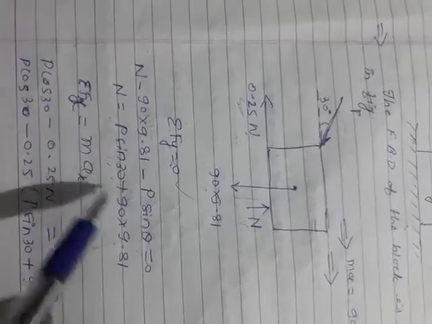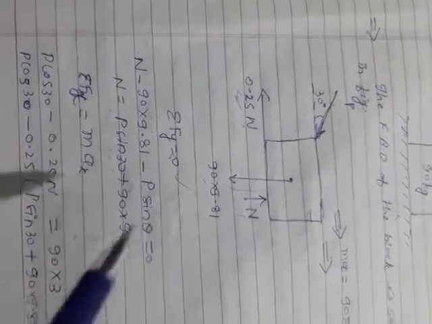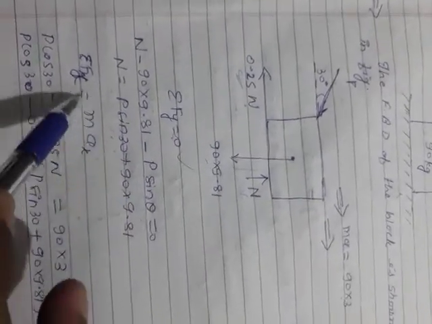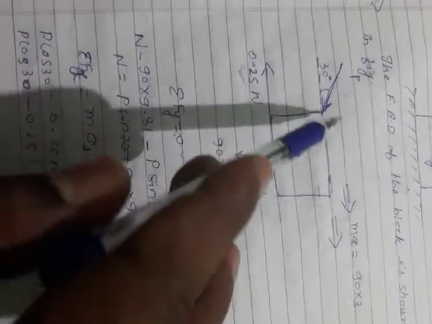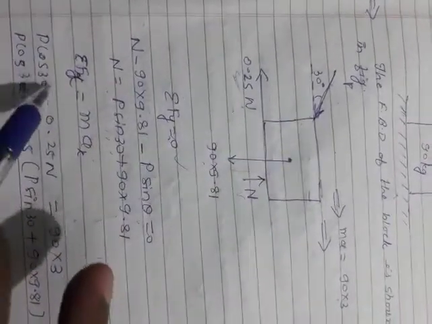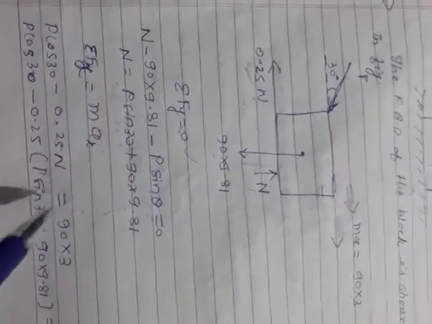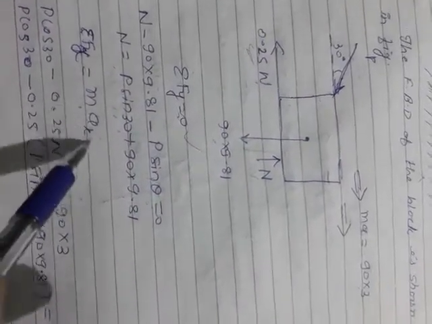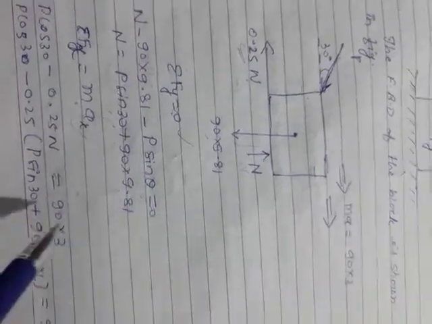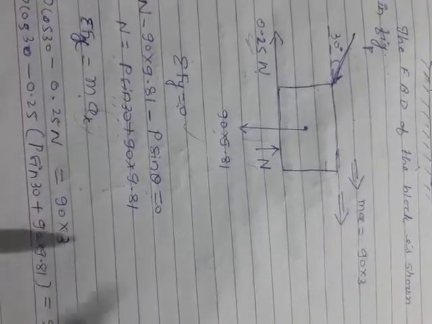Next I am going to apply summation Fx equal to m ax, because motion is taking place in the horizontal direction. As per the sign convention, the P component is horizontally rightward, so positive P cos 30. The frictional force component is leftward, so minus 0.25 N equals m into acceleration, which is rightward so positive, so 90 into 3.